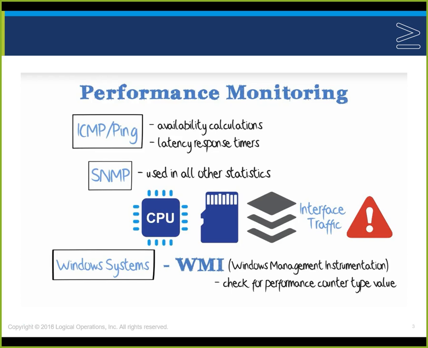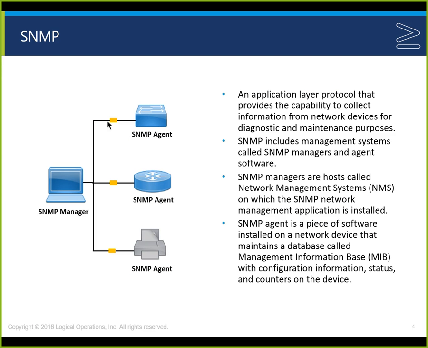SNMP is used everywhere else, and it can query all of the different things: the interface traffic, the interface status, CPU, disk storage. WMI is the Windows Management Instrumentation, which we may use on Windows machines. Similar process. You can set them up to run either on a machine or off of a machine so that we can get the information.